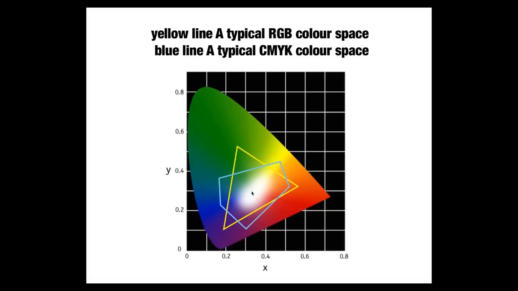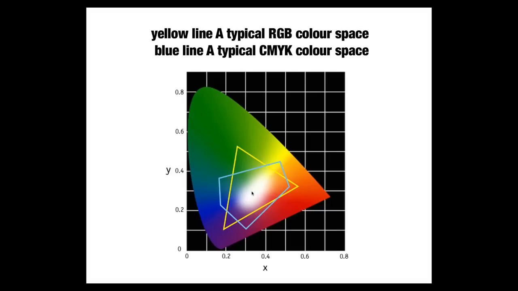The yellow line, of course, represents the RGB colors that are able to be reproduced on any given screen. Same again with the blue line, represents the amount of colors being able to be reproduced by printing. So we're severely limited to what is able to be reproduced on any given medium.